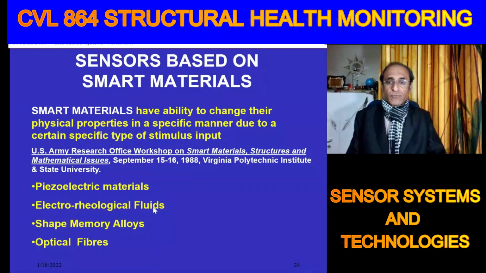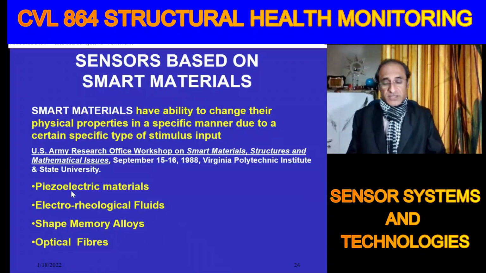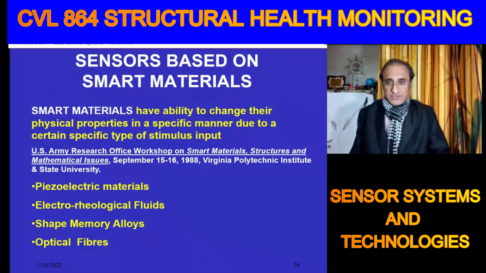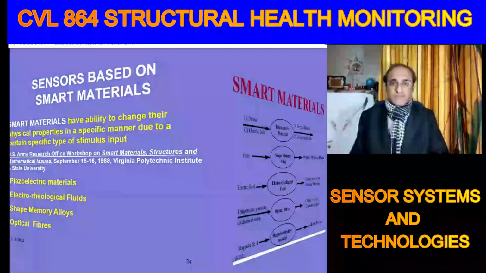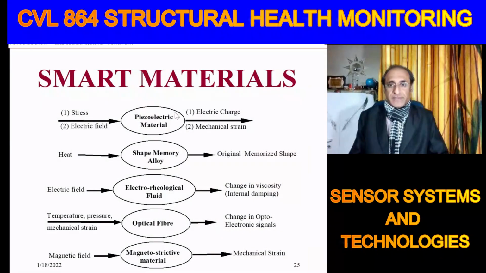There are now several commercial types of these materials, and each of them, like piezo materials, electrorheological fluids, shape memory alloys, optical fibers, exhibits this stimulus response characteristic. For example, this diagram shows for piezoelectric materials, if we apply stress, we'll see the development of electric charges.